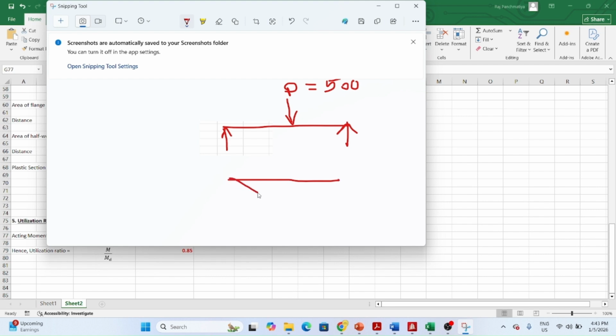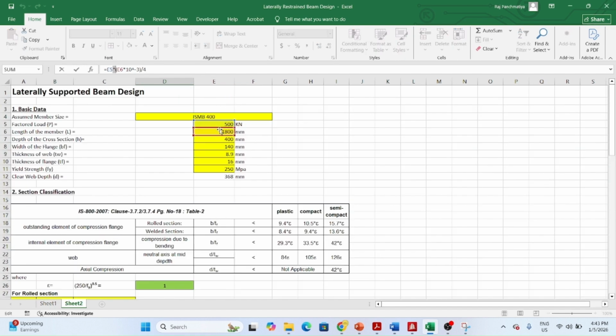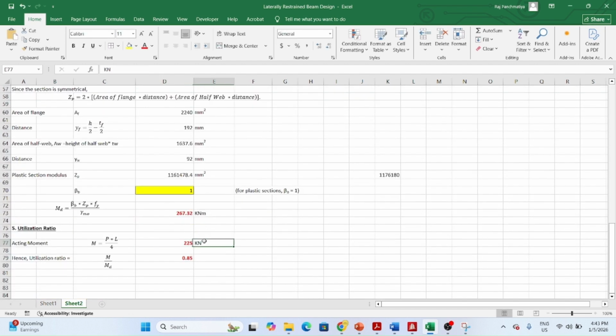That you already know, that will be PL by 4. So the acting moment is PL by 4. P is 500 kilonewton and the length of the beam is 1800 mm, divided by 4. So this value will be 225 kilonewton meter.